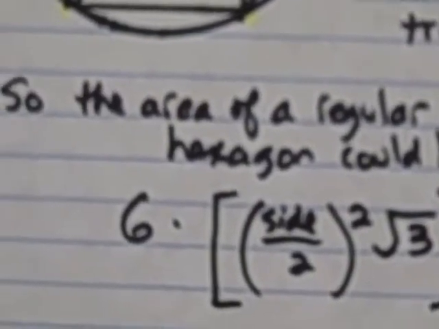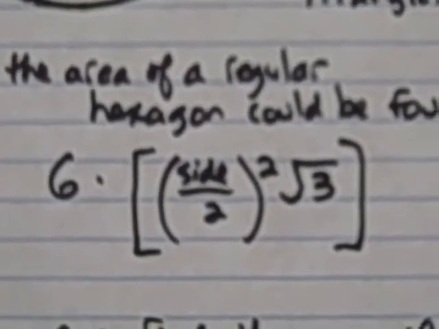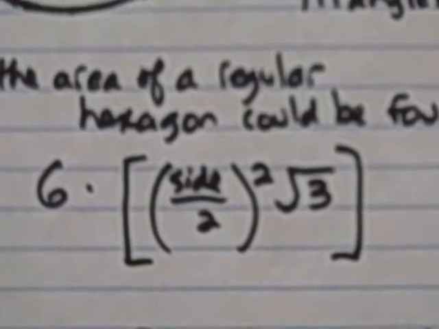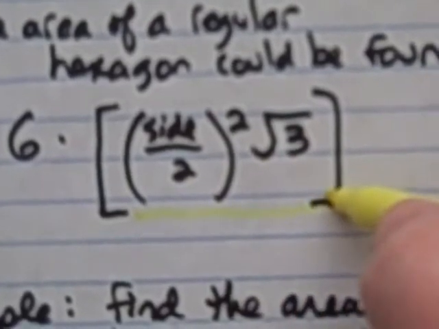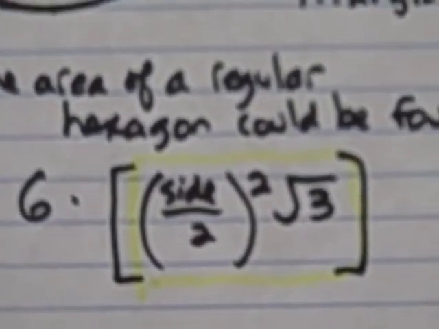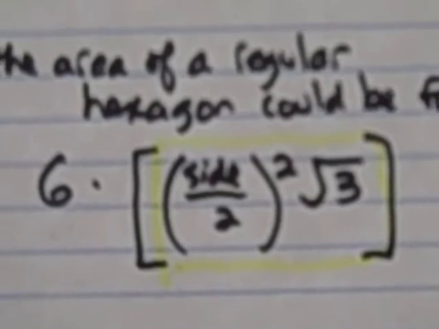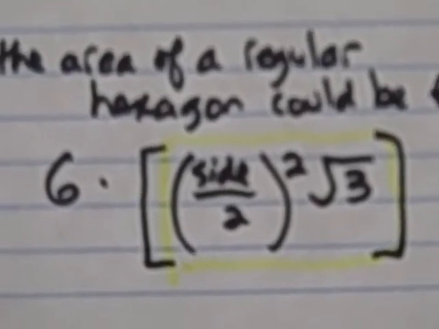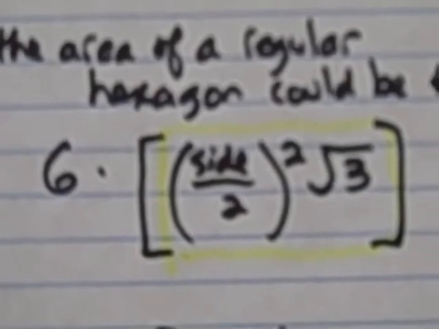Since a hexagon has 6 equilateral triangles in it, we can find the area of a regular hexagon by taking our equilateral triangle formula and multiplying it by 6. Isn't that convenient? It's not the only way to find the area of a regular hexagon, but it's certainly a sensible way to do it. If you know what the side length is, you can easily tell what the area is by using this formula.